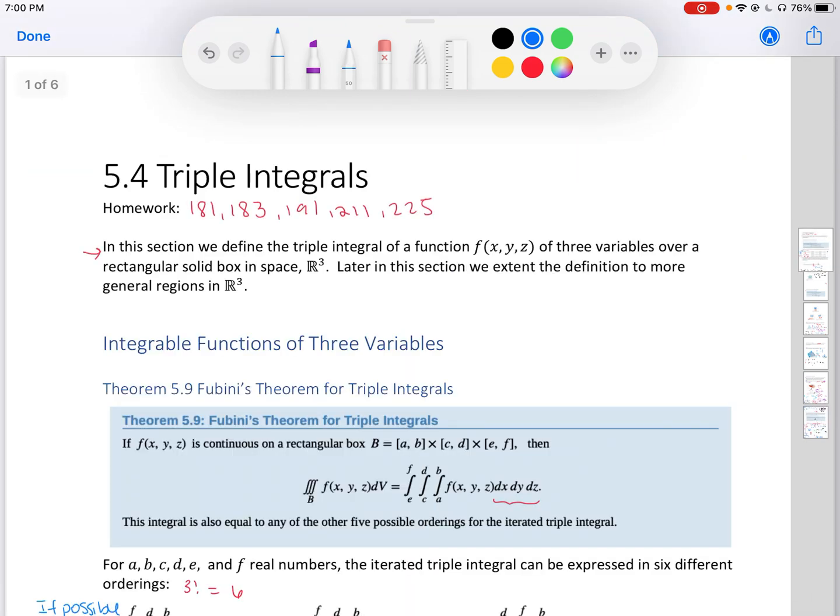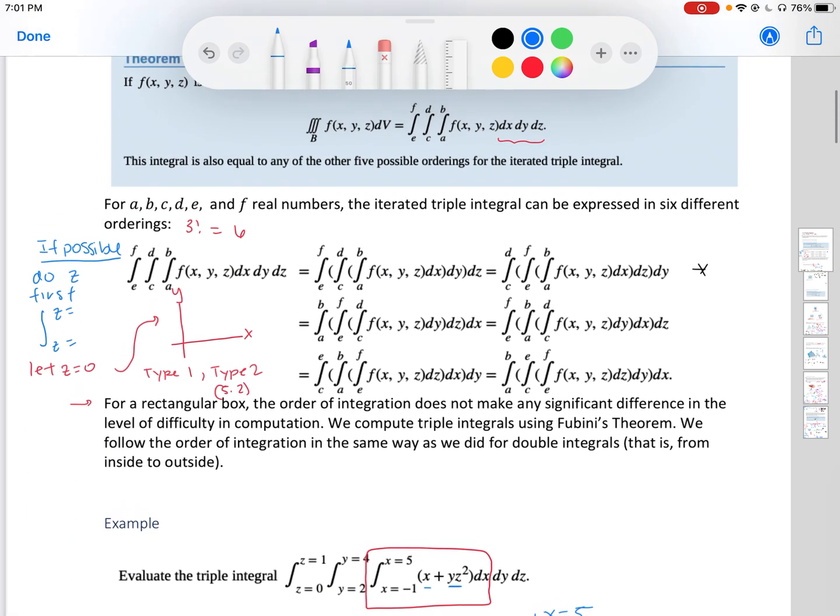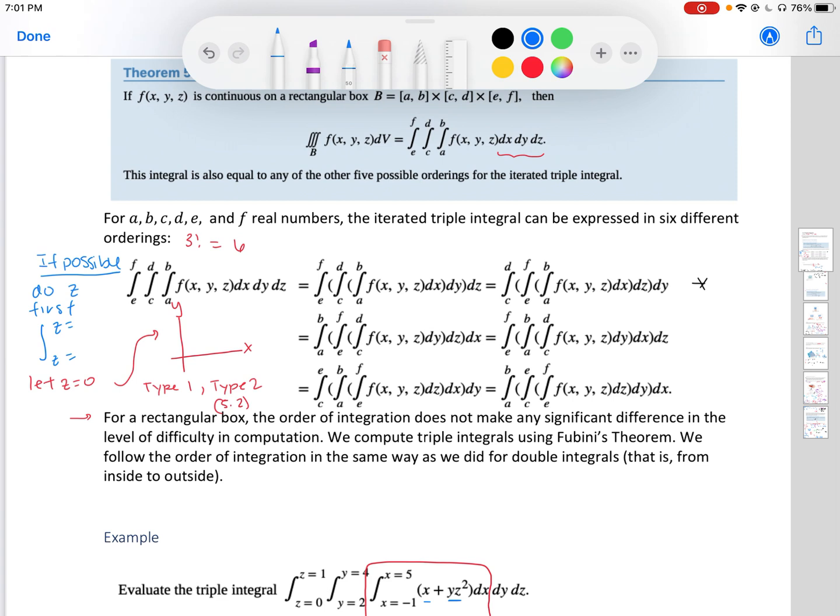All right, so that was 5.4 triple integrals. If I can give one quick summary, it would be that you can integrate in any order you want. You have 6 different orders of integration, so 6 different ways to set up your integrals. It might be easiest to get rid of z first. Once you set up z, you're left to only work with the xy plane.